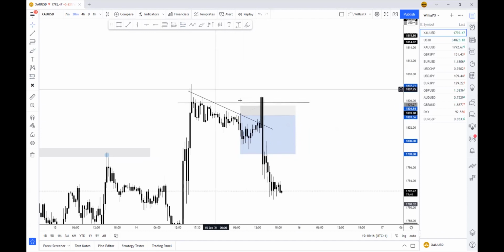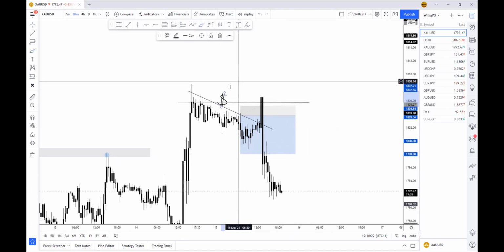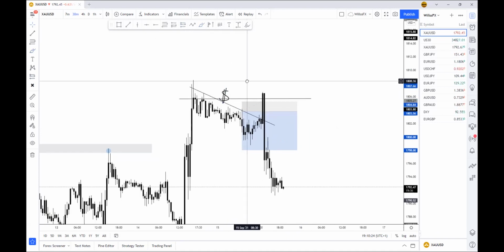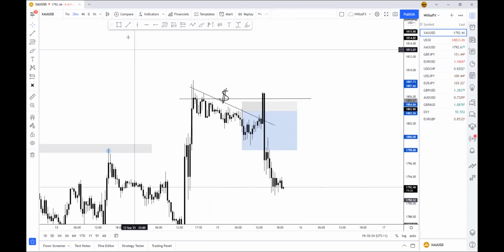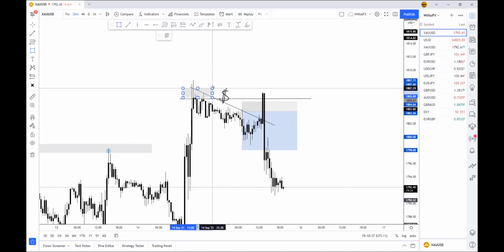So what is above this level now? We've got all this liquidity. So we've got money above here now, which can be grabbed before we make the original move. Because say they see the break of this trend line, they're now looking for buys. But because we know the price has just grabbed this liquidity up here, and you also have liquidity in this area.